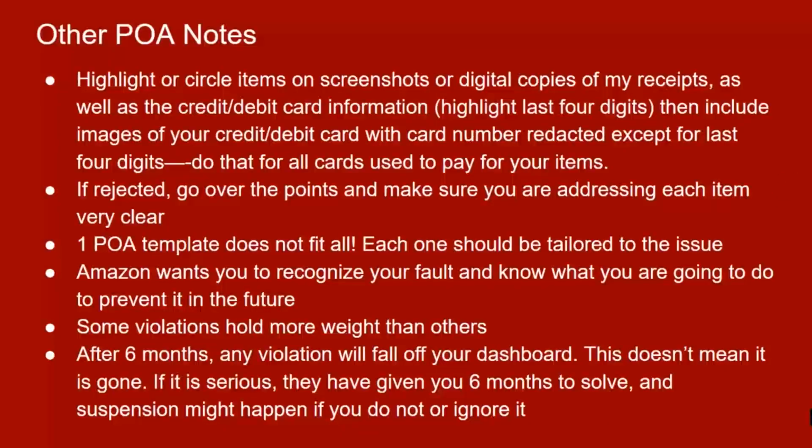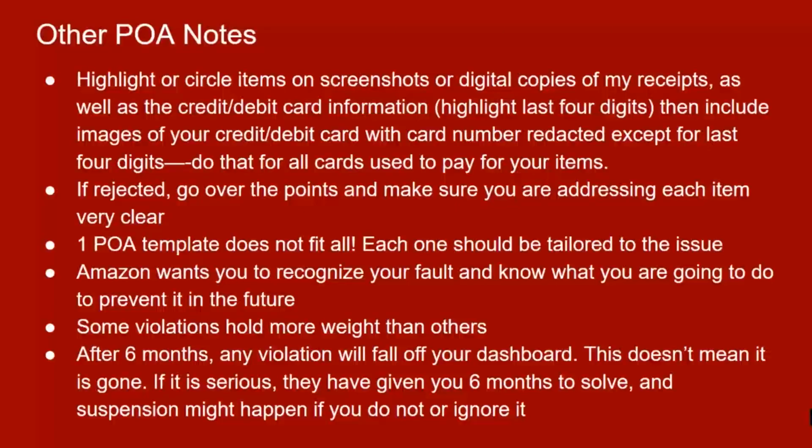So, some other plan of action notes. Wrapping up plans of action, here are some highlights and things that I wanted to reiterate. On your plans of action with your receipts, you're going to want to circle or highlight, and remember to annotate those copies of receipts.